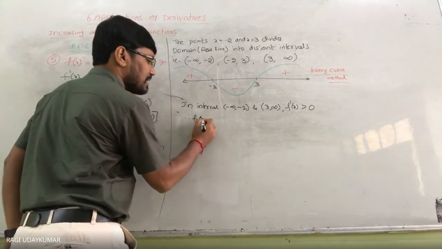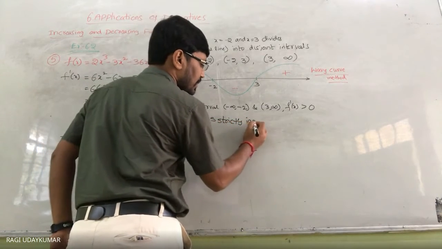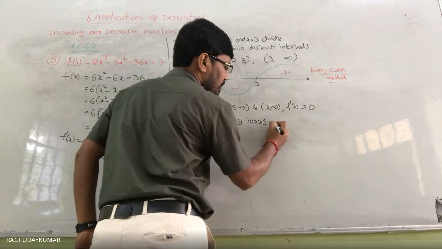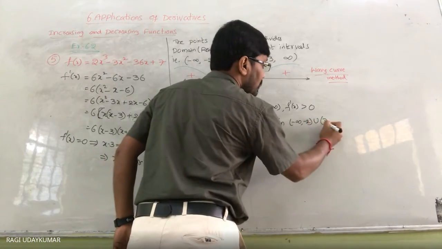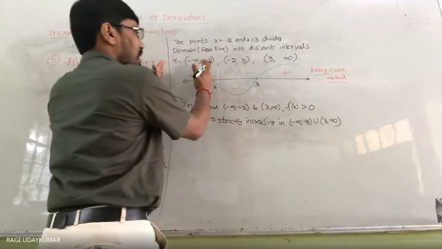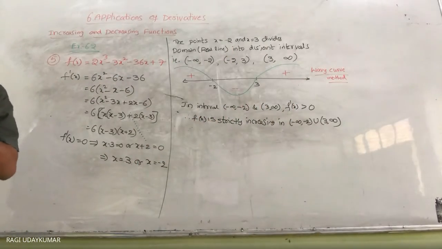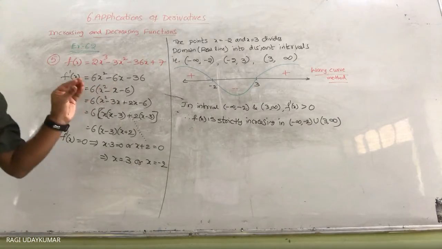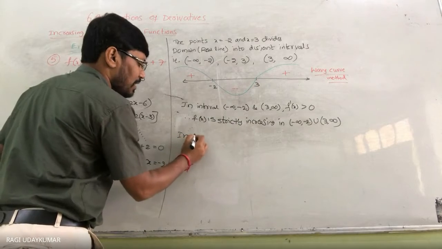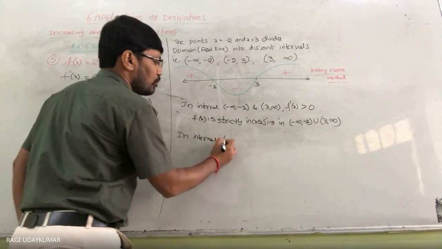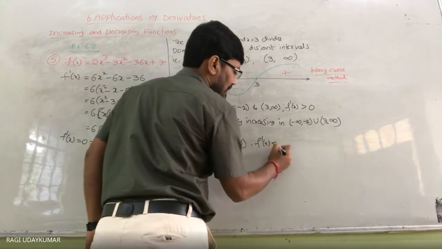Therefore f of x is strictly increasing in minus infinity to minus 2 union 3 to infinity. Take the union of these two. In these two intervals, this union is nothing but you are making it completely one interval. And in the interval minus 2 to plus 3, f dash of x is less than 0.